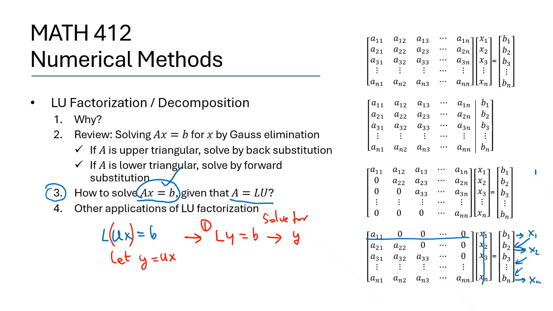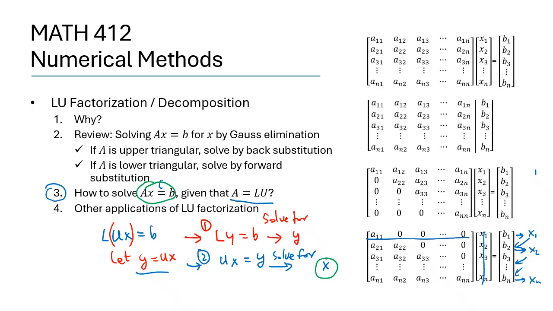Second step: now Ux = y. The first step gives us the y value, so y is known, U is known. So we solve this for x. That's our purpose. Our purpose is to solve such a system for x. Solving for y is not our purpose.